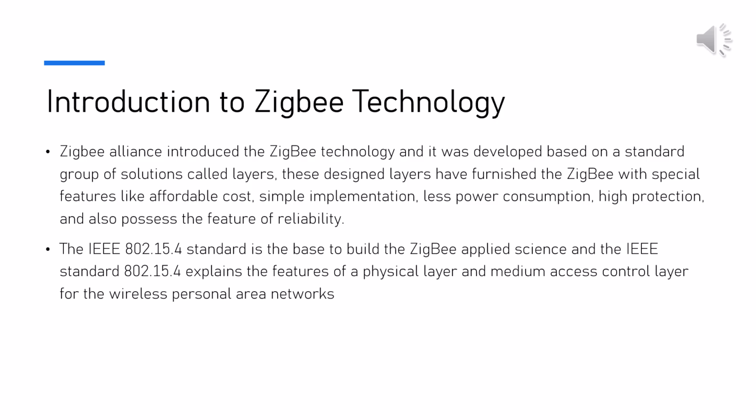Generally, as already said, Zigbee is a wireless technology and it runs on the 802.15.4 physical radio specification, which is used to build Zigbee applications and is also an IEEE standard, which explains the features of the physical layer and medium access control layer for wireless personal area networks.